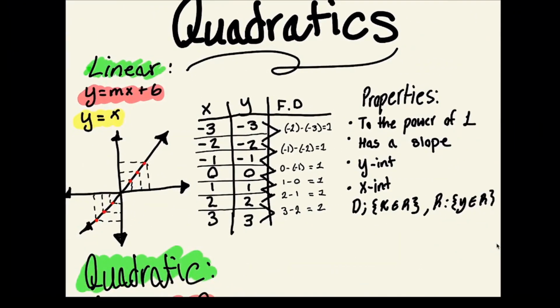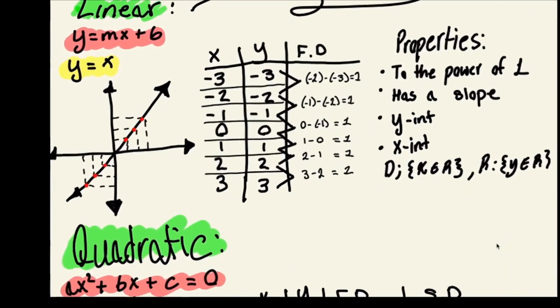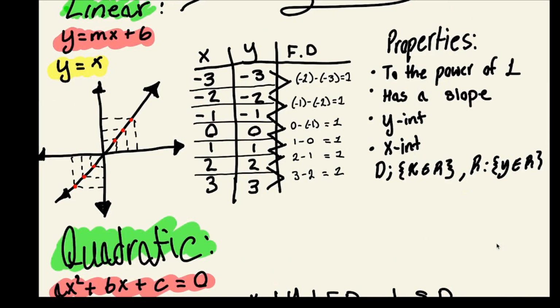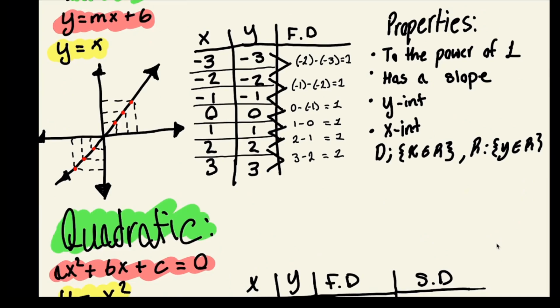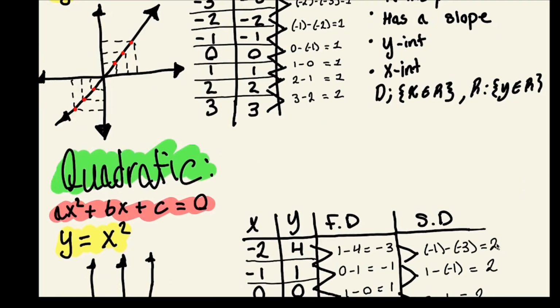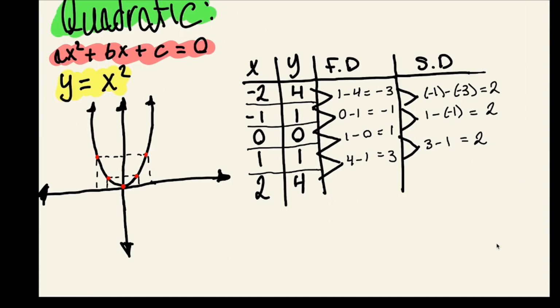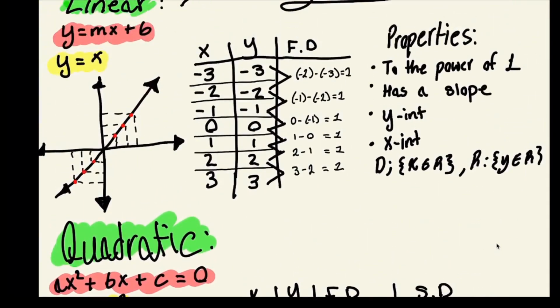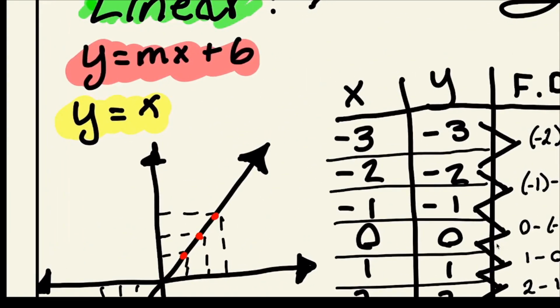So again, in grade 9, you did a lot of linear things, right? To compare it to linear, what really defines a quadratic is that it is to the power of 2. That's the main difference between a linear and a quadratic, because a linear is just y equals mx plus b, and is technically to the power of 1, and it has a slope.